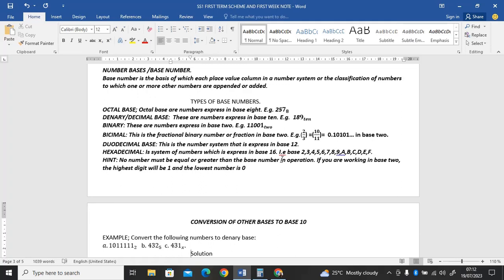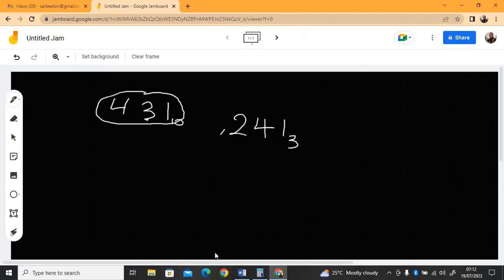For example, let's assume somebody gives you 2, 2, 5 in base 6, and says you should expand it.